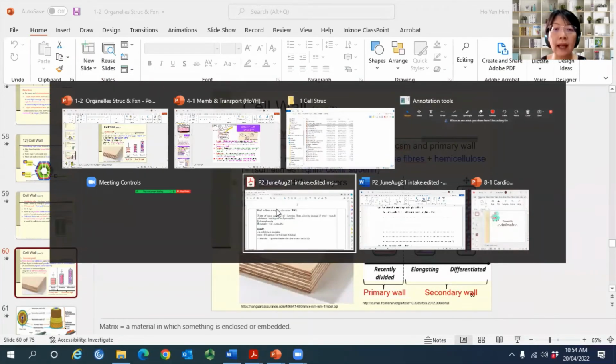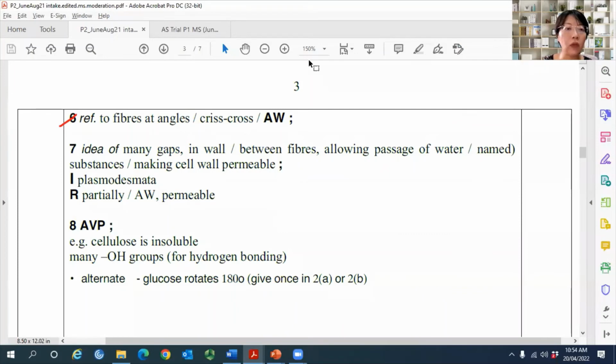Okay, one last answer here, which is also very good and that I want you to learn, is that there are many gaps in the wall between the fibers, right? Let's say these are the fibers running this way. Of course, there are a lot of gaps in between the fibers.